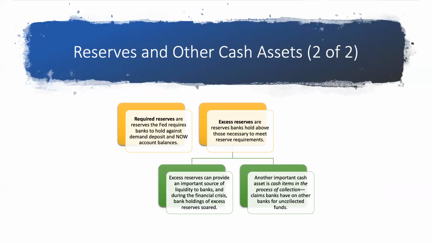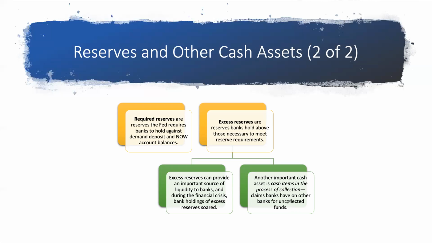You can't take all 100 million. If you have $100 million in checking account deposits, you can't take all $100 million and send it out the door in the form of loans. You have to hold a portion of it in the bank in the form of liquid vault cash, or in the ATMs or wherever you can get that cash immediately, easily, and it's accessible.